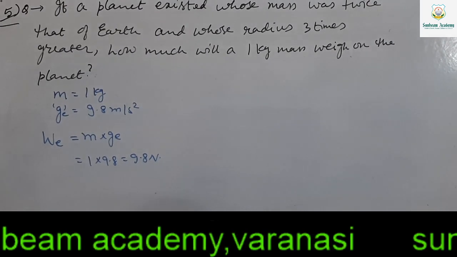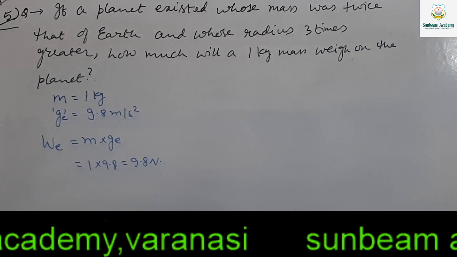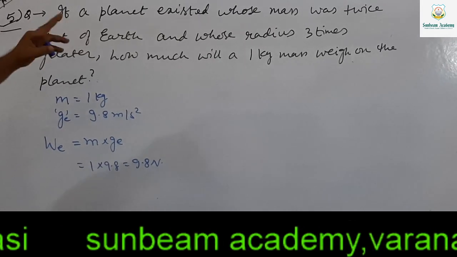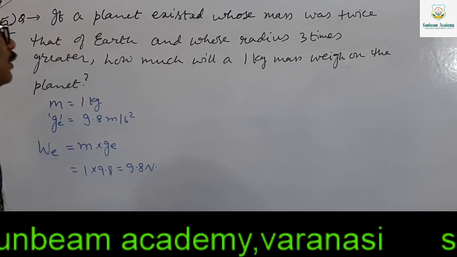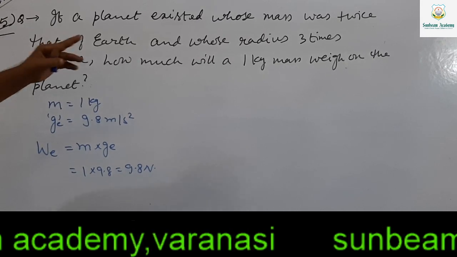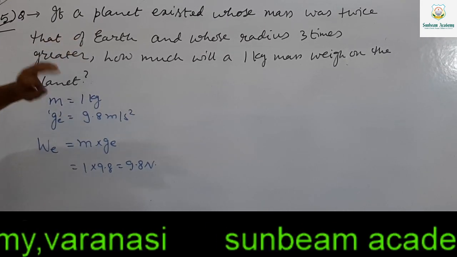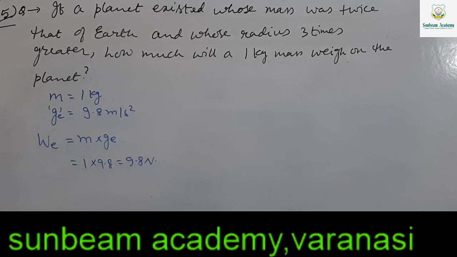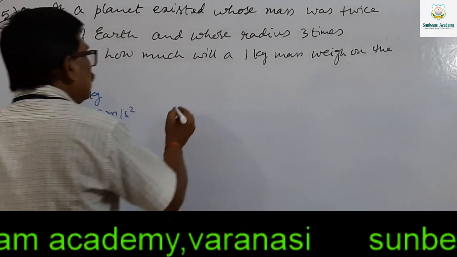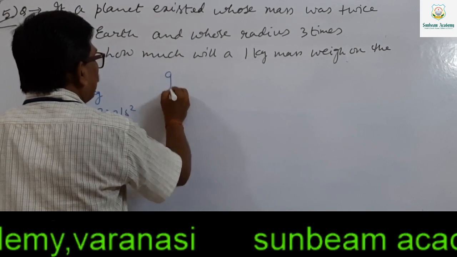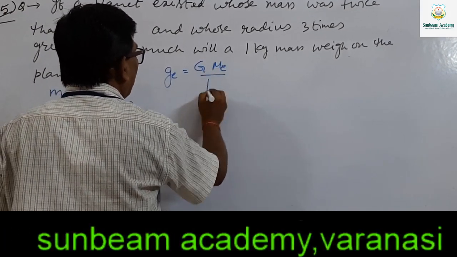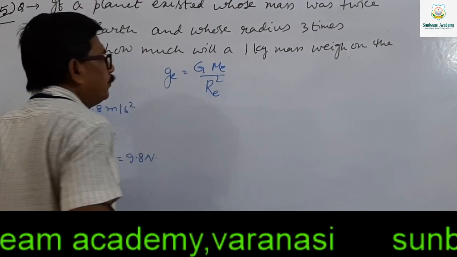Now, what you have to find out? We have to find out the weight of this object on that particular planet, where the mass of that planet is twice the mass of the earth, and the radius of that planet is thrice the radius of the earth. You know the formula gE is equal to capital G ME upon RE square.